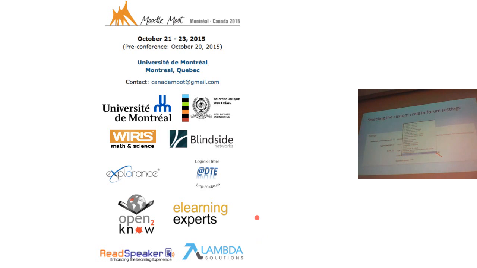So once you have created the scale, going back to the ratings settings, now in the scale dropdown, you will be able to see the scale you created, and then you select that, you will use your own scale. And once you enable the ratings, this is what you will see.